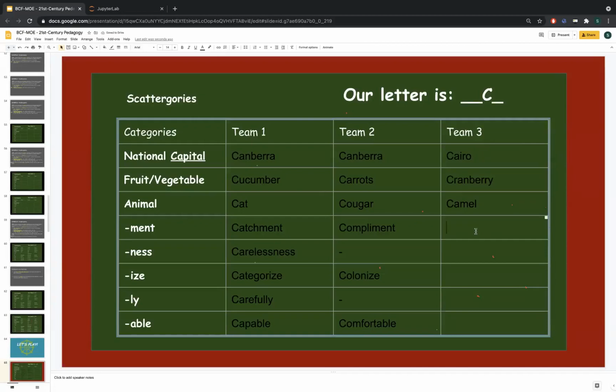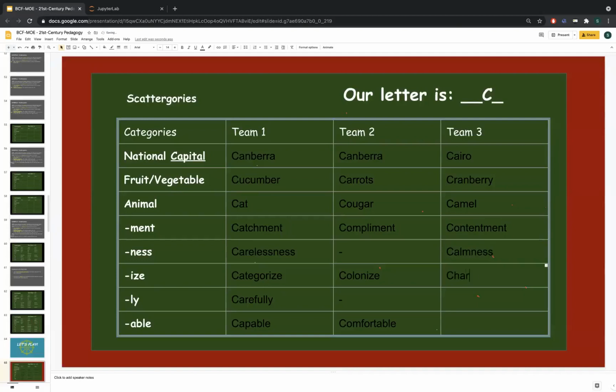MENT. Contentment. Pardon? Contentment. Oh, contentment. Beautiful. NESS. Calmness. Calmness. IZE.